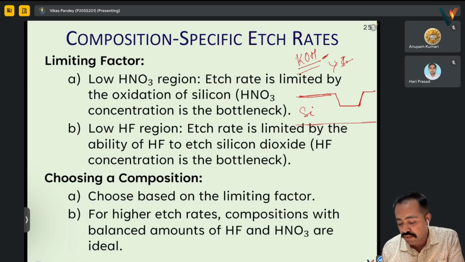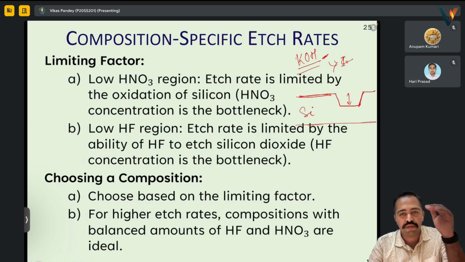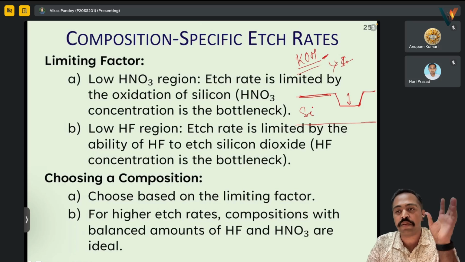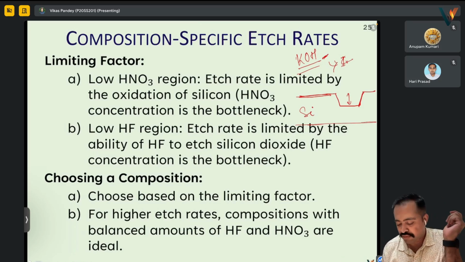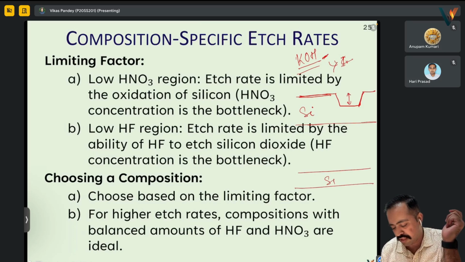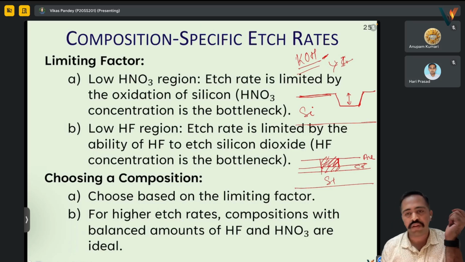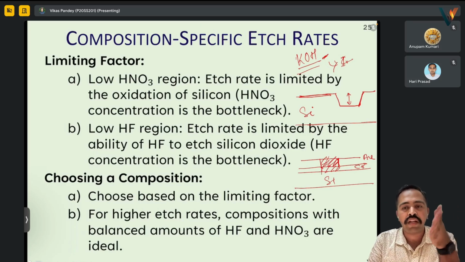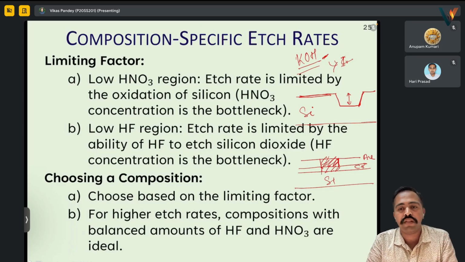In this case we need to know how much depth, because we need to reach a specific depth. But if you simply have a layer like chromium and gold over silicon, and we need to remove this gold and chromium, we don't need to know the depth. We just need to know that gold is not visible in this region. Is it clear?